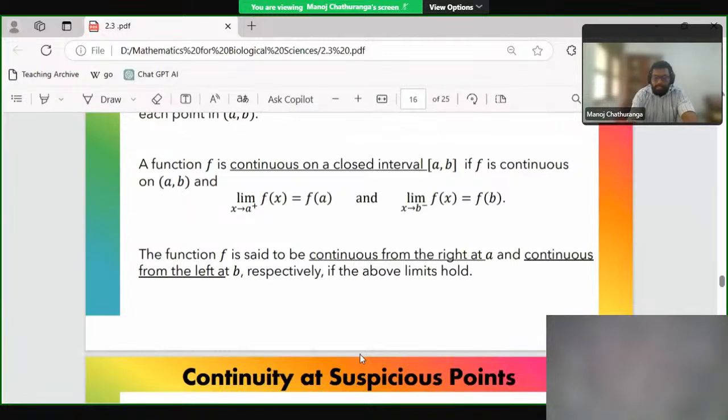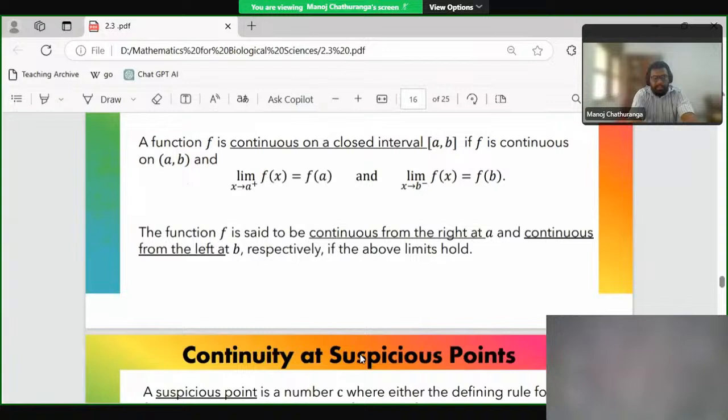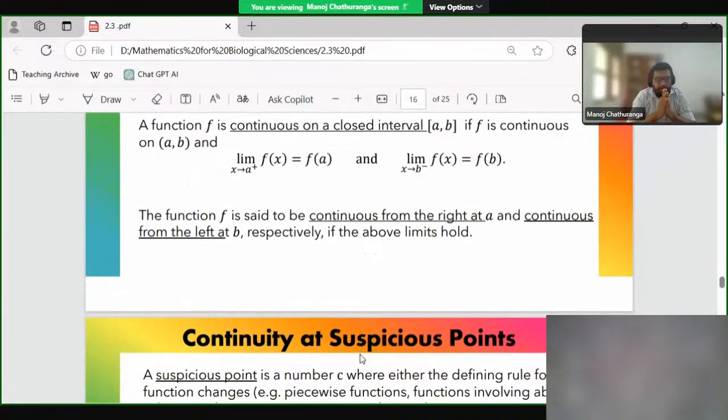To test the continuity of a function, sometimes we don't need to look at all the points. We need to look at some particular points, things like endpoints of the domain and some suspicious points in the middle of the domain.